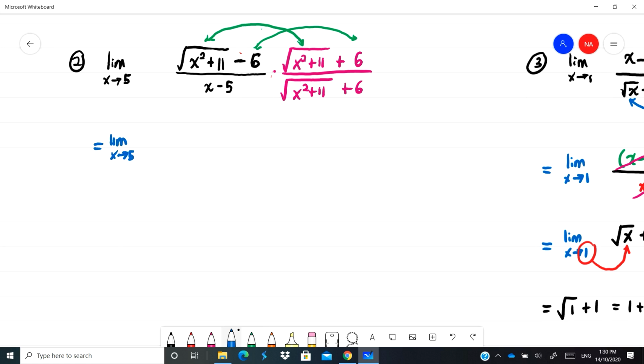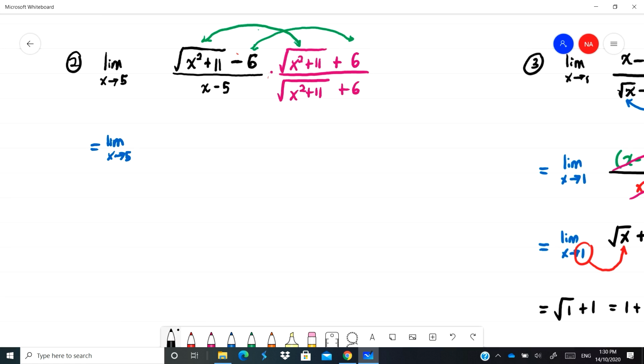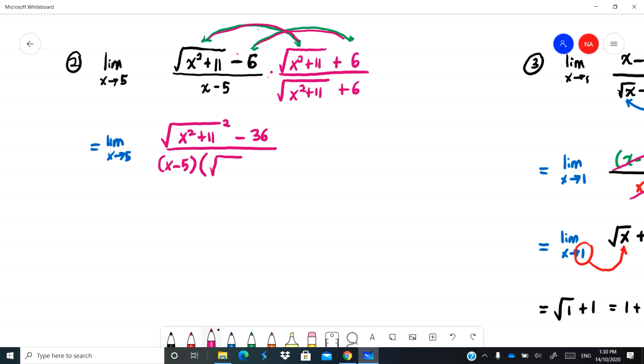So we'll have something like the square root of x squared plus 11, squared, because you're multiplying these two. And then you will have minus in the middle, and then 6 multiplied by 6, you'll get 36. So that one is minus 36. So at the denominator, you just copy everything without expanding it. So this will be square root of x squared plus 11 and then plus 6.